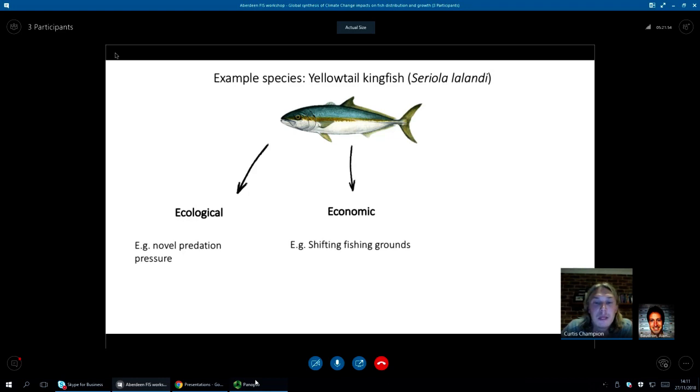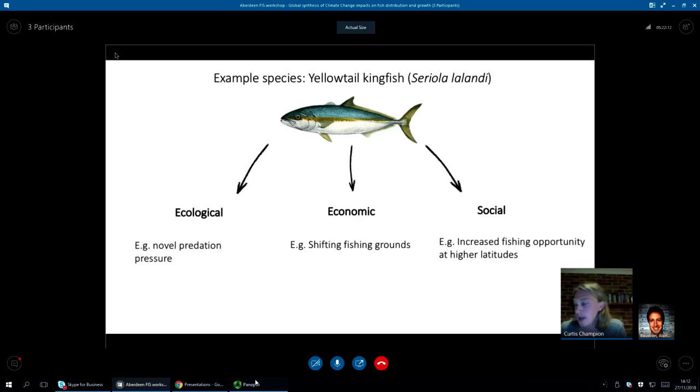And it's also associated with substantial economic revenue. There's a substantial commercial and recreational fishery around this species. And also socially, this is anecdotally Australia's favourite sport fish.